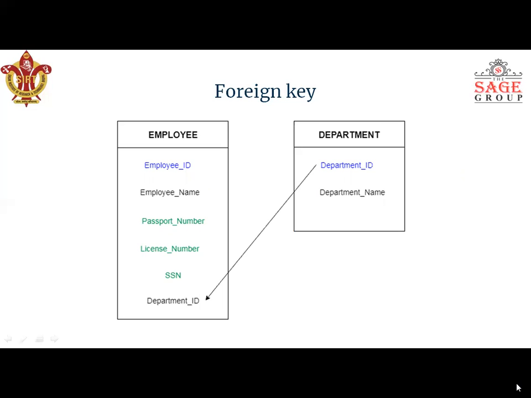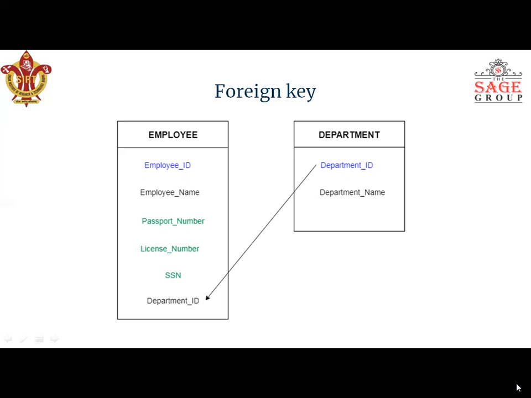In the employee table, employee ID is the primary key. In the department table, department ID is the primary key. But if we want to join, we need to repeat one column in the other table, because if there is no common column, we can never join two tables. So the department ID is available as a primary key in the department relation, and it is also available in the employee table as a normal attribute.